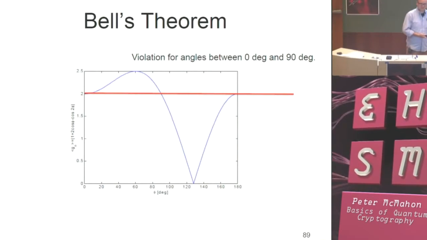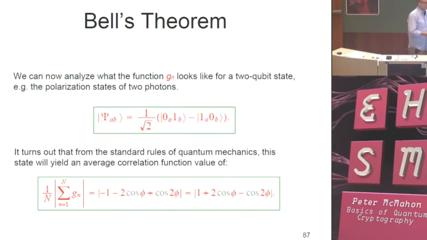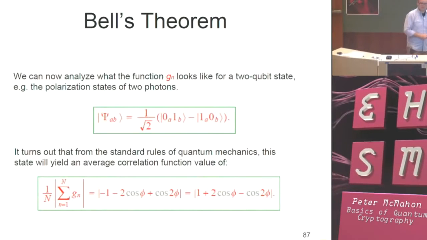So something interesting is happening here. If our understanding of quantum mechanics is correct, and I didn't give you the derivation for where this comes from, but if you're curious, you can come speak to me afterwards. It's maybe a page of mathematics to derive this from standard rules in quantum mechanics that people developed in the 1920s.